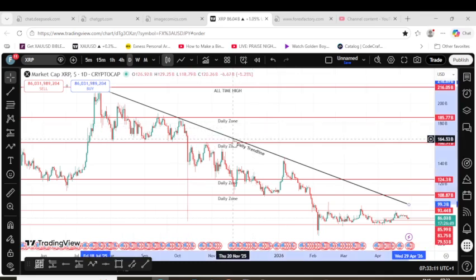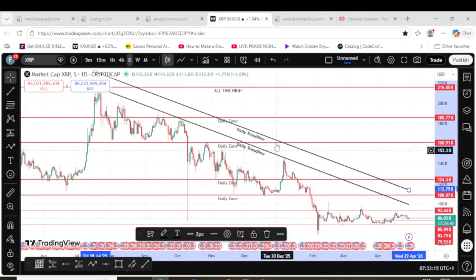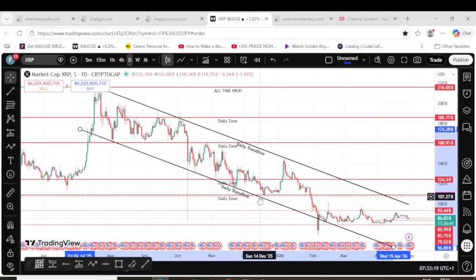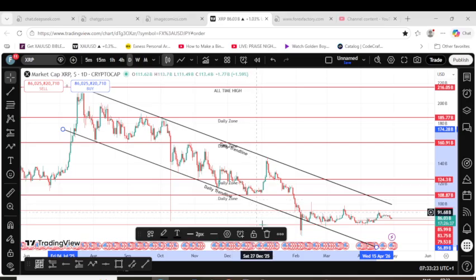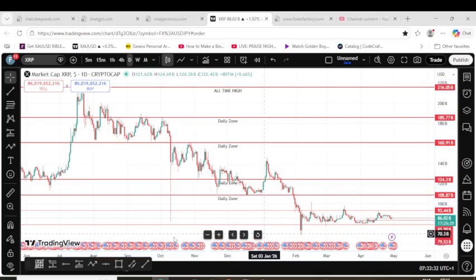Oh, hold on. Something interesting that I see here. Wow. So we have something of a bit of a daily range here. Let's switch it. This is not a daily trend line. It's not simply a daily trend line.